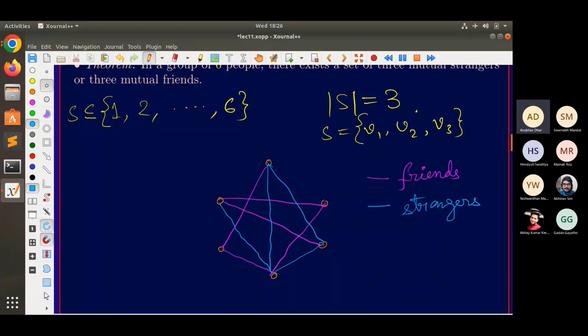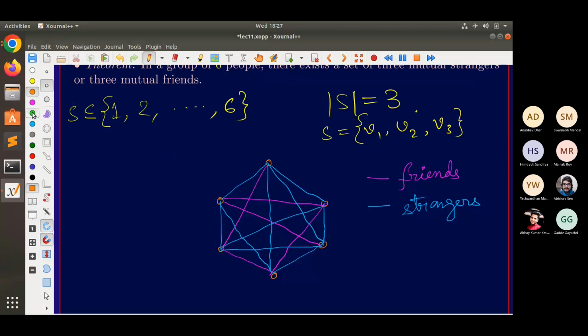So in total, how many edges will there be? There should be exactly six choose two edges, because for every pair you will have one edge.